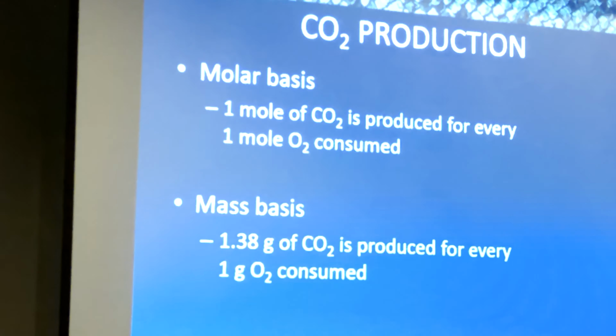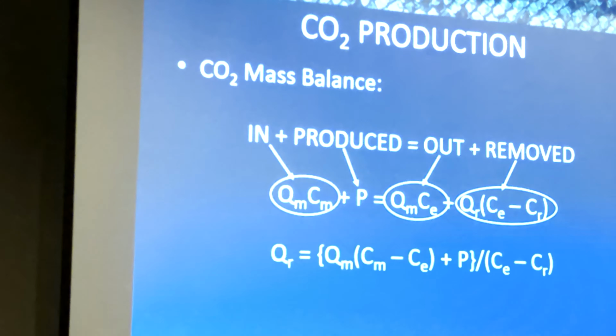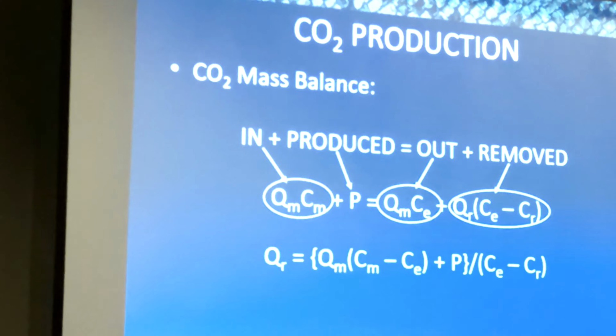And if you were here earlier this morning, you heard that is really just the ratio of the molecular weight. So molecular weight of CO2 is 44, and oxygen is 32, and 1.38 is the ratio of those two. So for every mole, you have 1 mole of CO2 produced, and on a mass basis, it's 1.38 times the oxygen consumed.